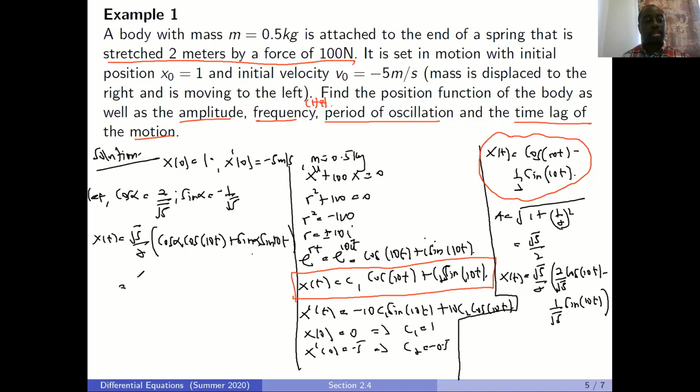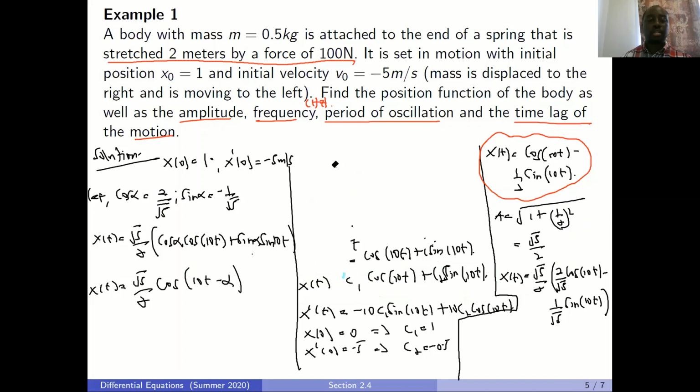So if we combine this, we get the square root of 5 over 2 times the cosine of 10t minus alpha. So we can extract a few parameters already.